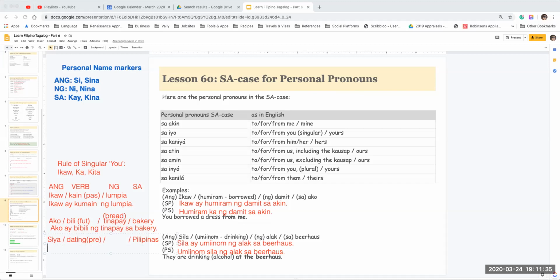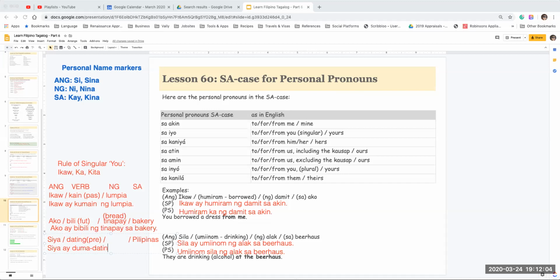Siya ay dumating. How do you say present? First syllable, you would insert the infix, and then add the root word.